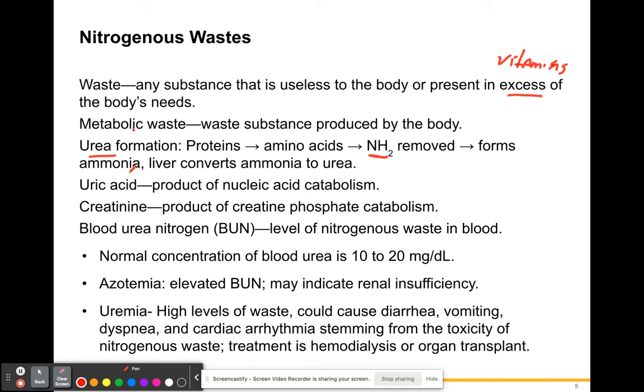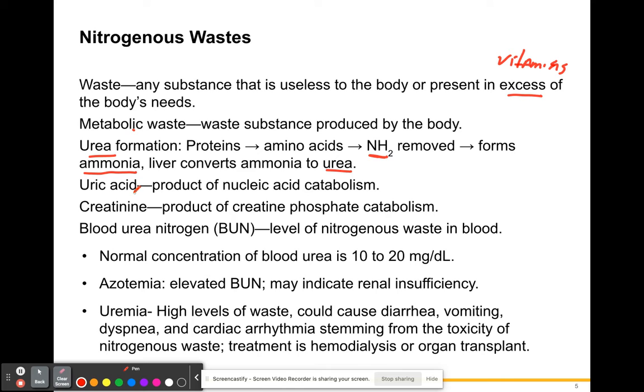That will then form ammonia, which we cannot really live with. We don't want our body to have ammonia in it. So we take that ammonia and we convert it into urea, which is eventually going to be made into urine, which we then rid our body of.